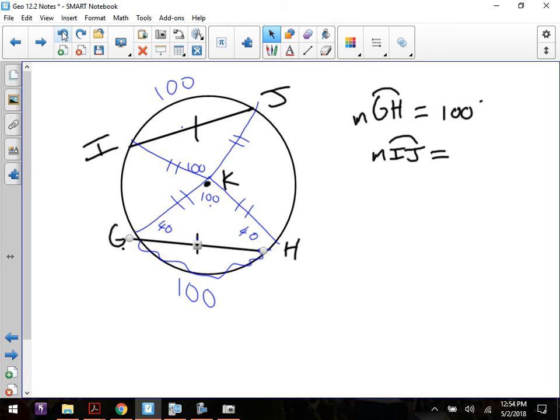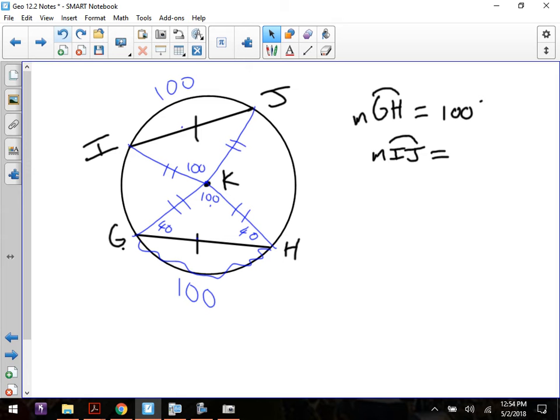Now, the other thing that'll happen here, this is super easy to see once I go back to it. When you get into these, since you've got two chords that are the same distance, that means those two chords have to intersect the same amount of arc in the circle. Now, I showed this a second ago.